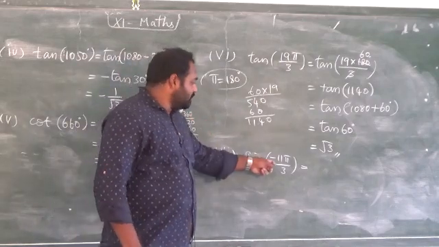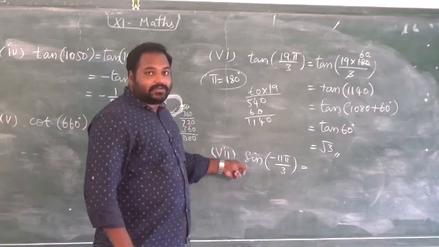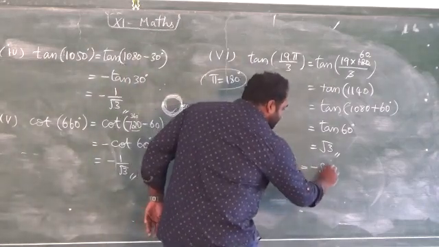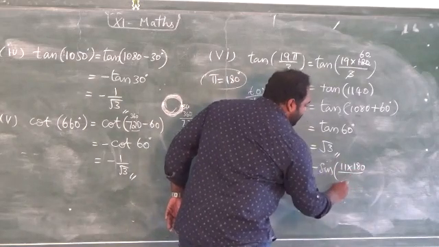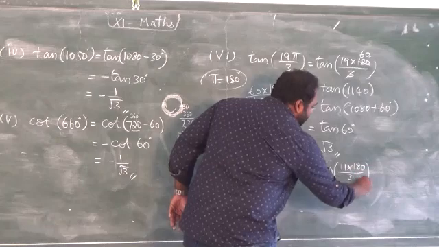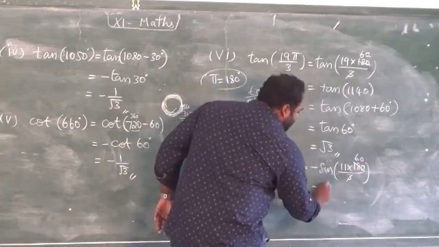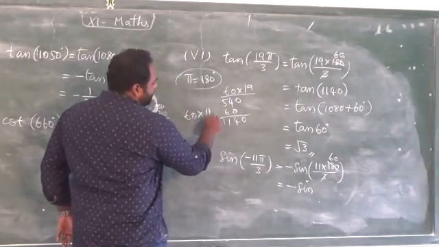Only these 4 functions, we can bring the minus sign outside, and the whole function becomes negative. So minus sine 11 into, instead of pi I can write 180 by 3, which is 60.